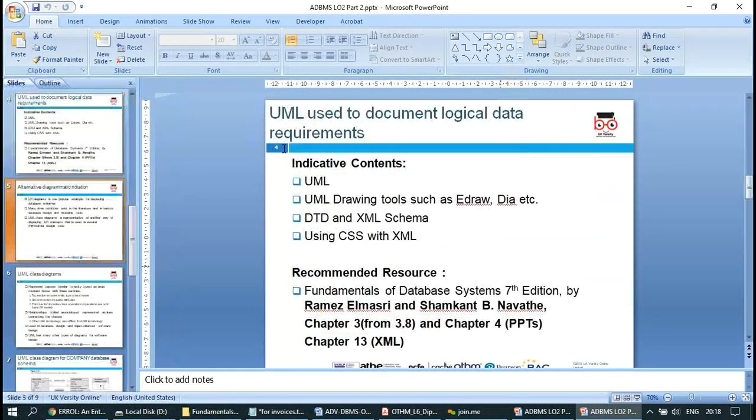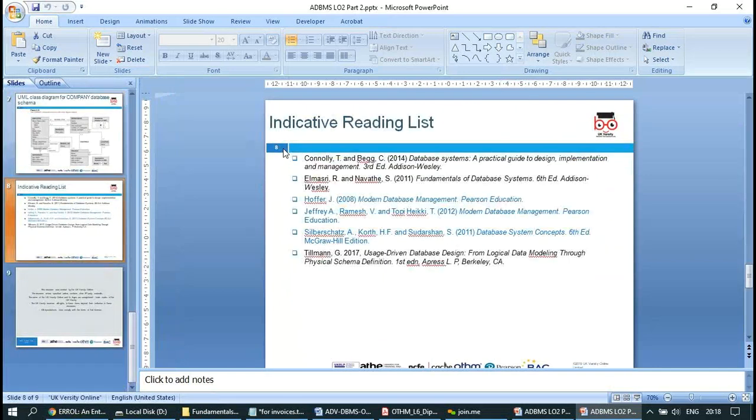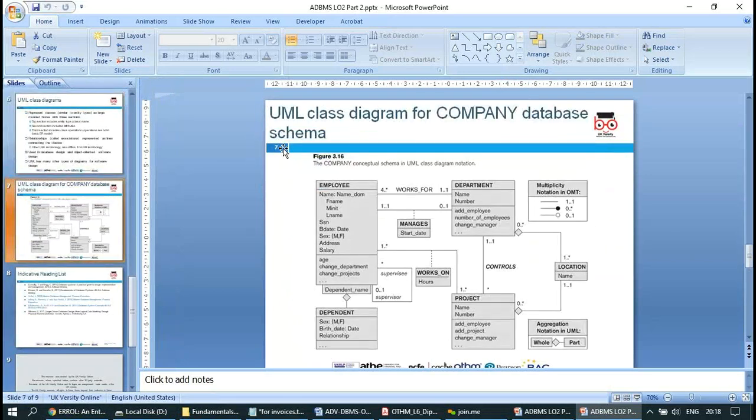So UML is the modeling language for the databases, again schemas. Everything is the same. Previously, in entity relationship diagrams, an entity used to have the attributes. Do you remember?